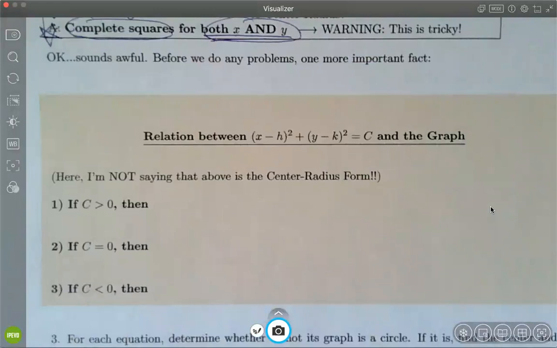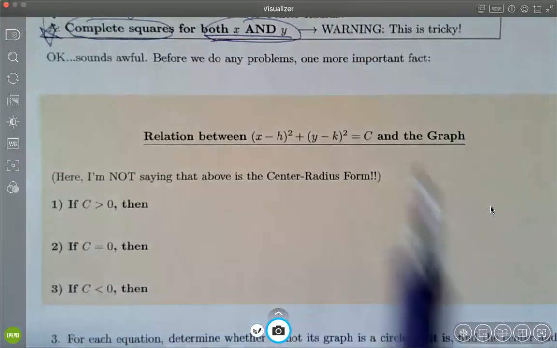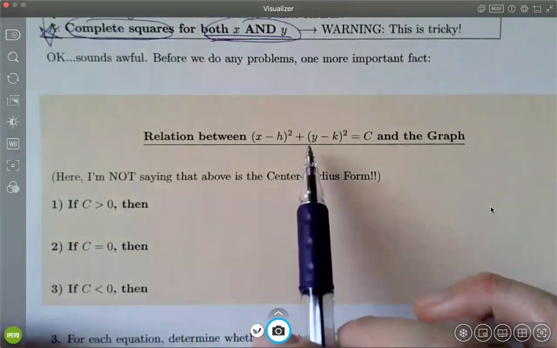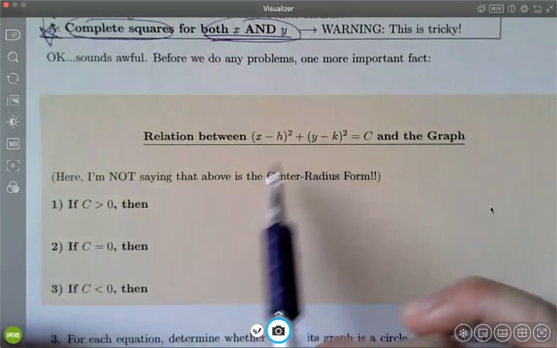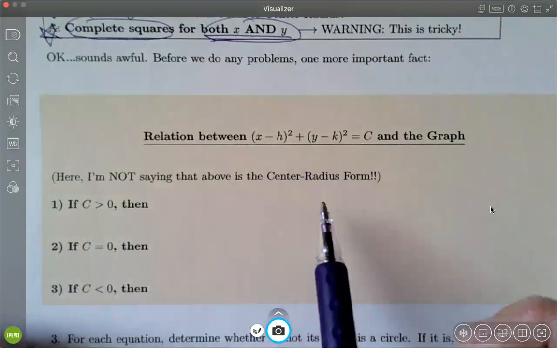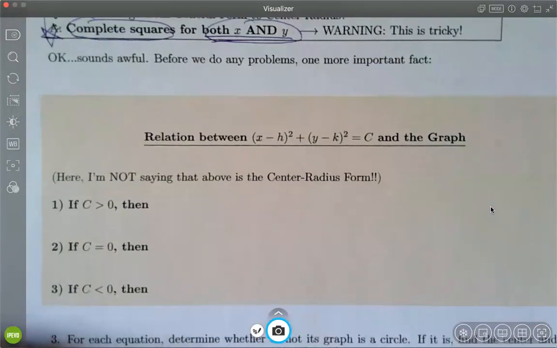Now, it seems like this is the center radius form, but I claim that it's not the center radius form. Why? What's the difference between the actual center radius form and this?